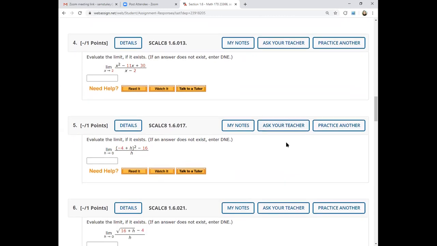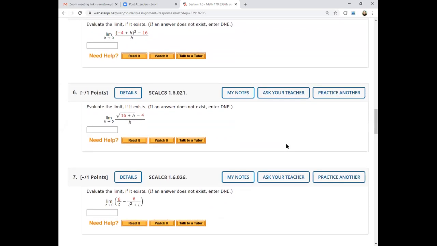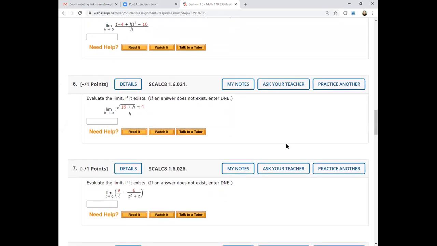But some of the ones that come later might not be, like, for example, this one, square root of 16 plus h minus 4 over h. There you're going to have to use a conjugate, because if you plug in 0 right here, you get an undefined limit. He just did one like that.